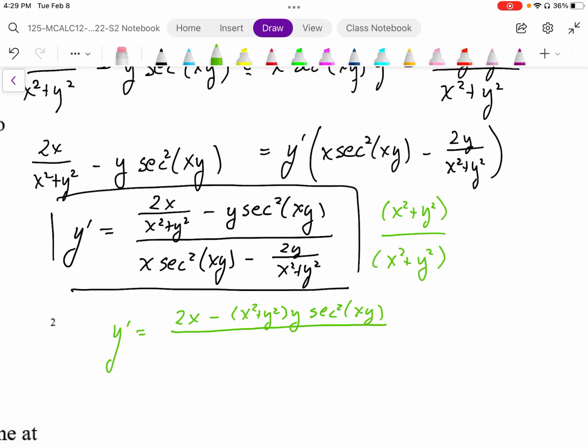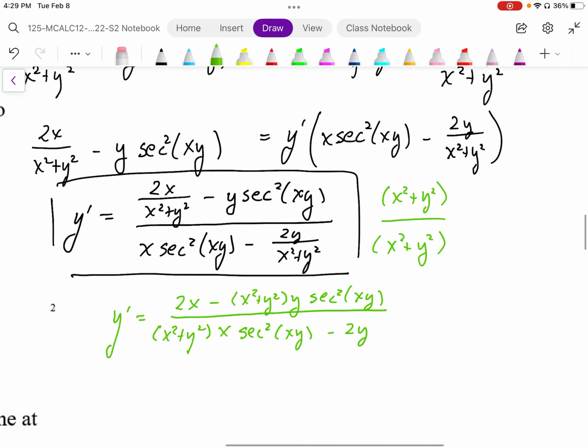And in the denominator, we're going to keep that factored, so x squared plus y squared times x secant squared xy minus 2y. Okay, so this is not that much simpler than the original one, but we can get rid of some of those embedded fractions if that might be useful to us.